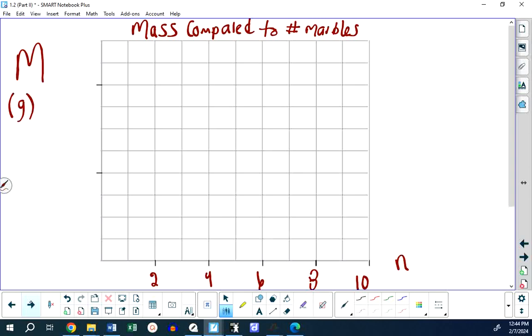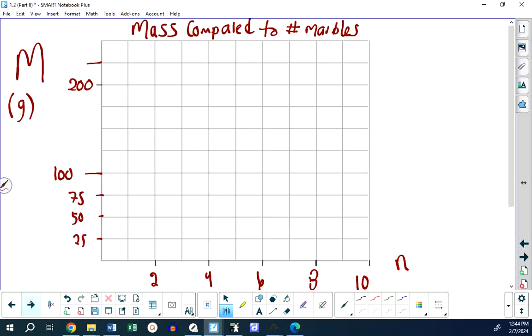And what's the biggest mass we have on that data table? 225? Well, this is great. Look at this. 100, 200. You don't have to write these other numbers in, but if this is 100, then this is 25, this is 50, this is 75, and then 100. So 225 is going to be here.